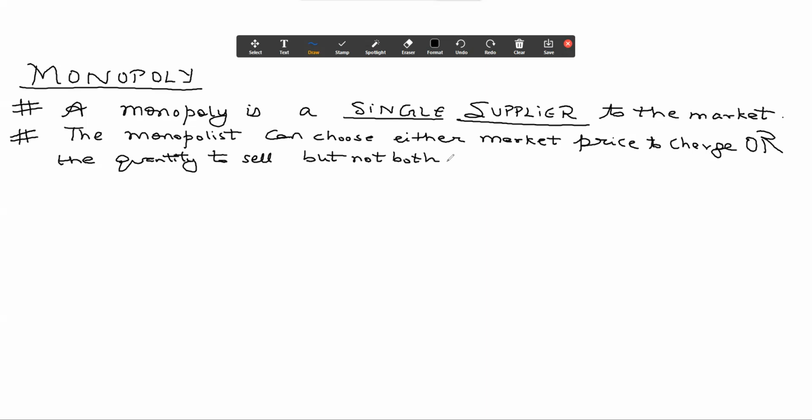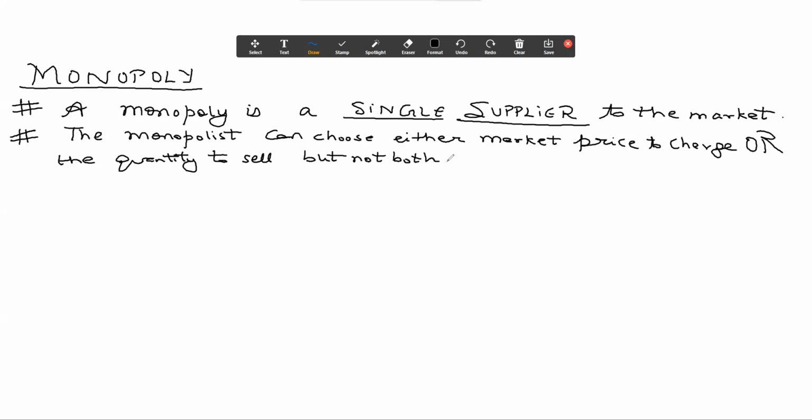So a monopolist can either decide how much price it wants to charge, and based on that it will face demand, or it can decide how much quantity it plans to sell, and based on that we will determine the price.